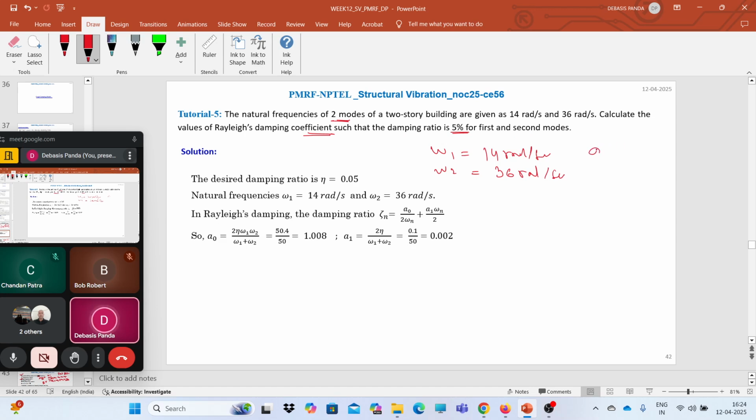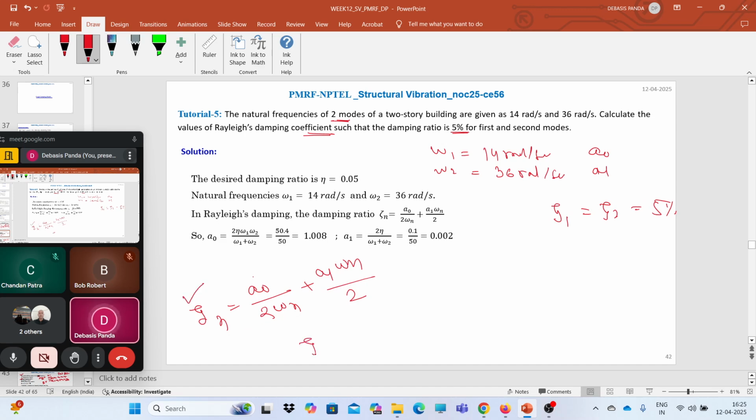So you need to calculate a0 and a1, provided zeta 1 equals zeta 2 equals 5%. We can calculate it because we know the relation between zeta n, a0, a1 and omega n: a0 by twice omega n plus a1 omega n divided by 2. Now you can easily calculate, all the values are given.